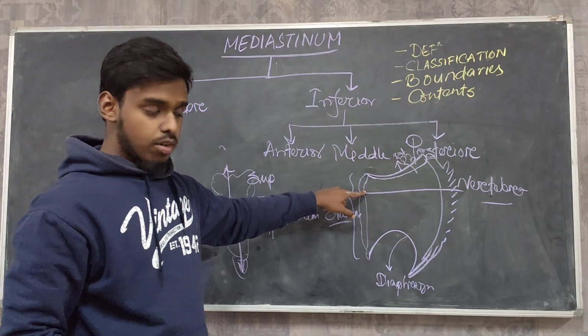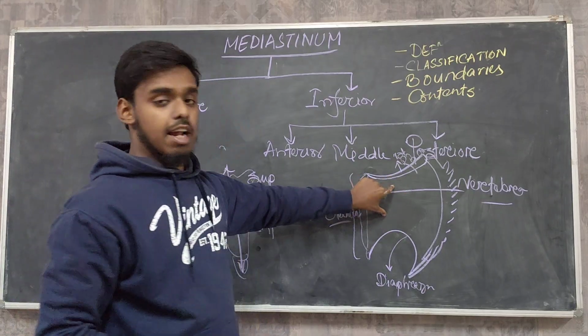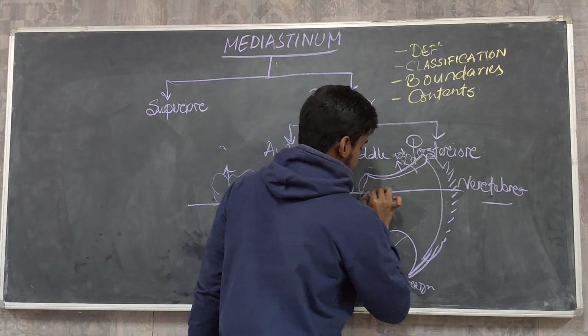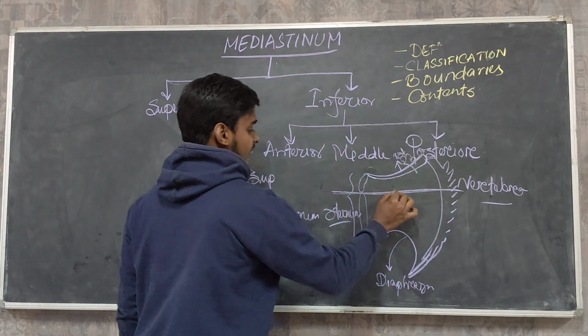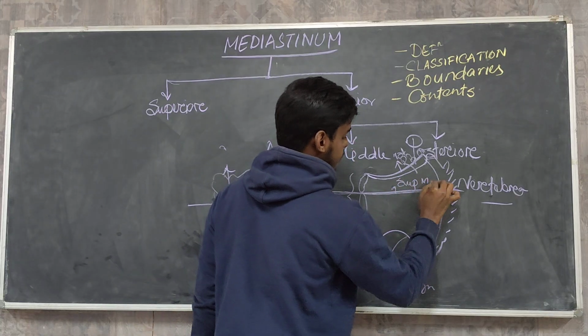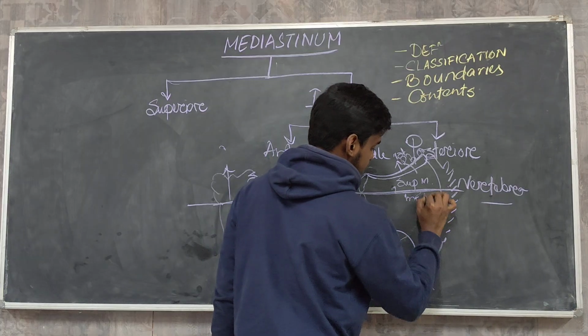Using the sternal angle, we can divide the mediastinum into two parts. This is the imaginary line, and above this is the superior mediastinum, and below this is the inferior mediastinum.